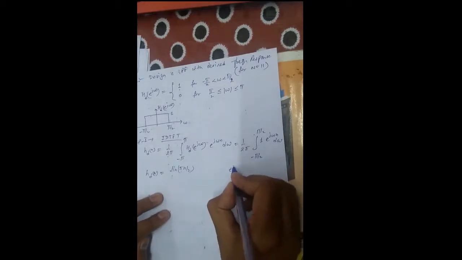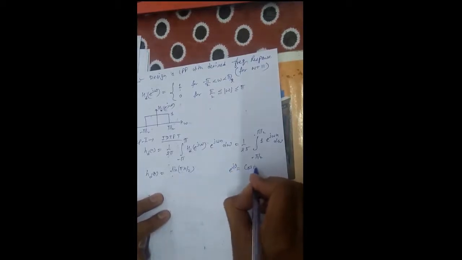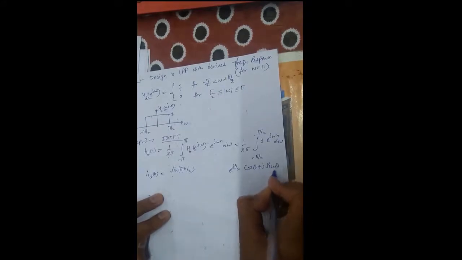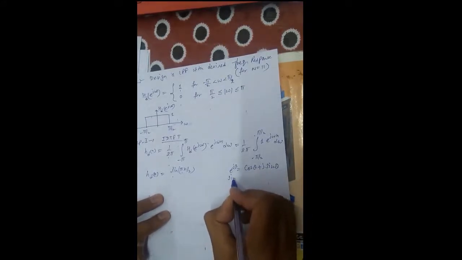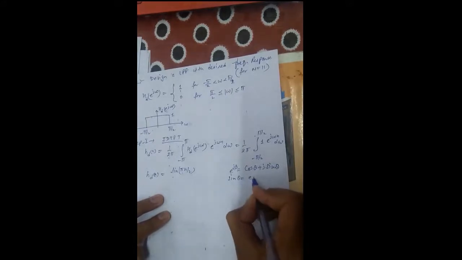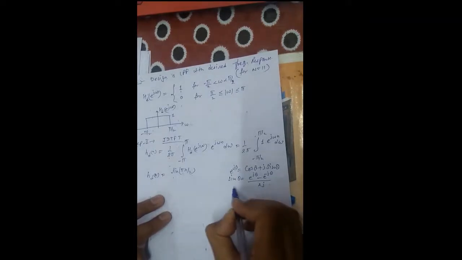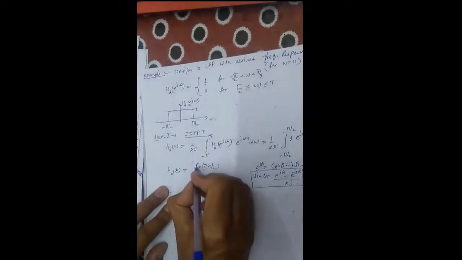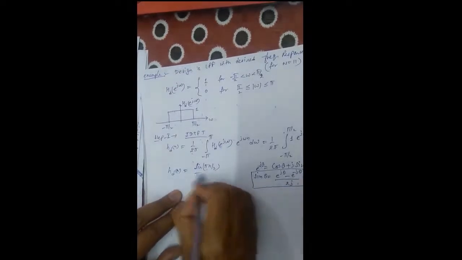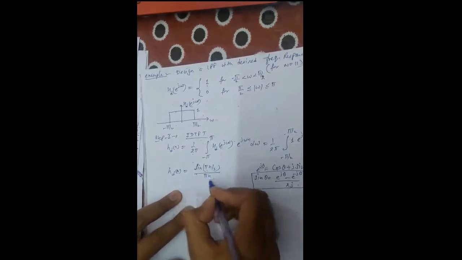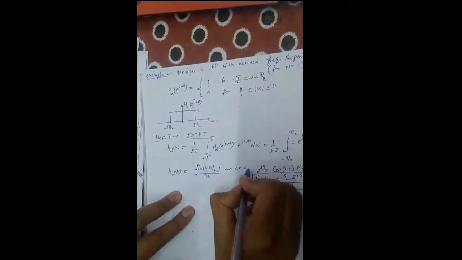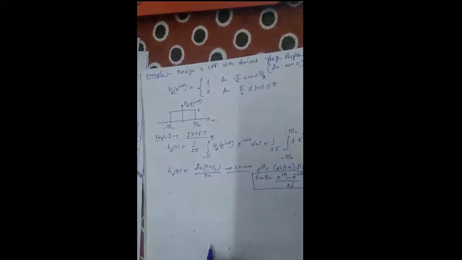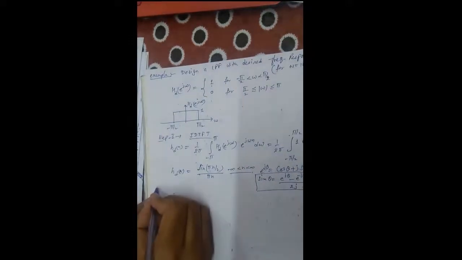Further we integrate and use Euler's formula: e^jθ equals cos θ plus j sin θ, and sin θ is equal to (e^jθ minus e^minus jθ) upon 2j. You will use this formula and you will have that sine term, sin(pi n) by pi n, and again it is important to state the limits of n.